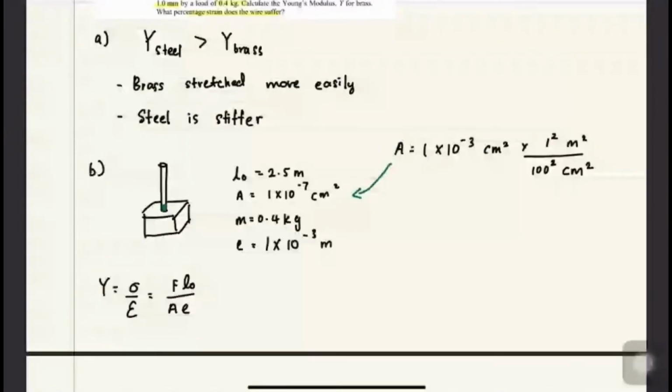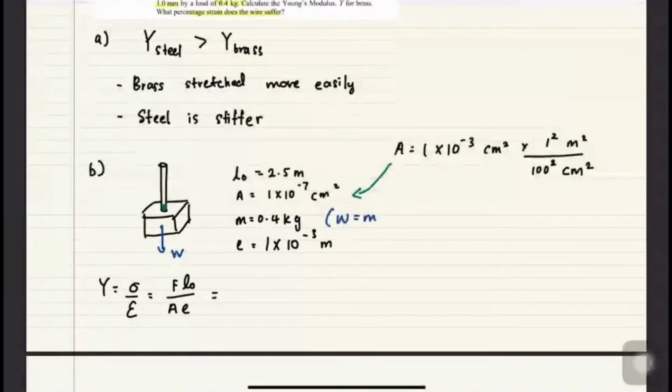Okay, the force over there is actually due to the mass. So the force that is pulling it downwards is actually its weight. Okay. So you know that the weight is equals to mg. So you can substitute. Mass multiply with the gravity. Understand or not? Okay.